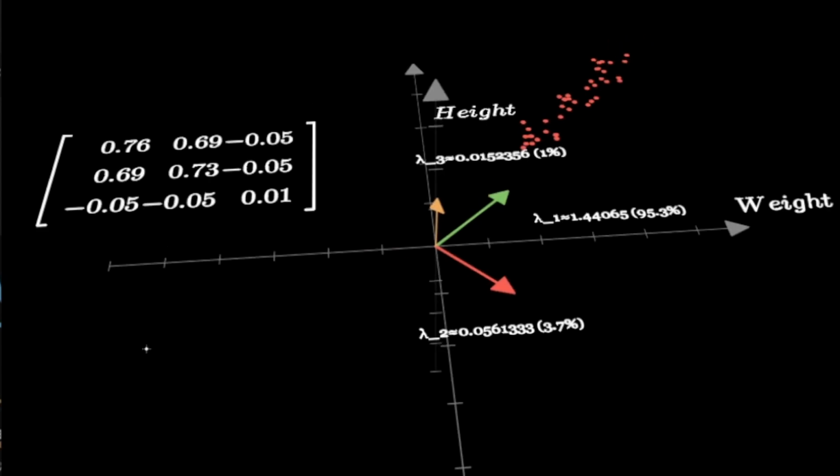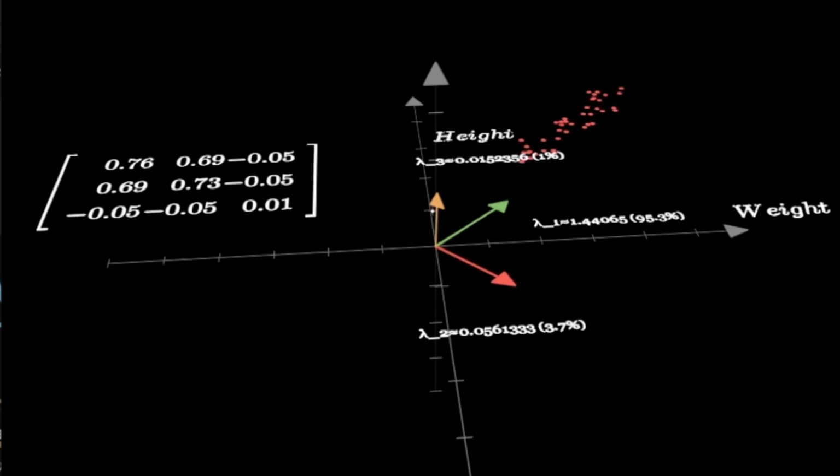Now, if you want to reduce the dimensions, then it is ideal for us to ignore the third dimension represented by this third eigenvector and consider only those two dimensions which capture 99% of the information present in this data set. Note that these data points are still in the original coordinate system represented by these three dimensions: weight, height, and age.